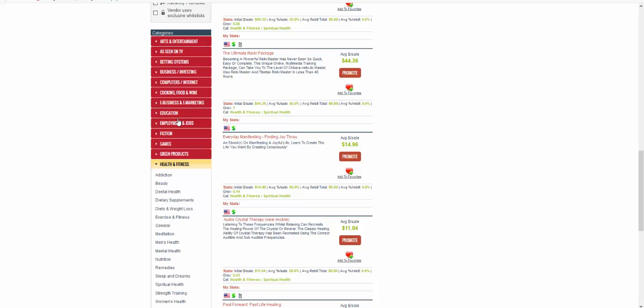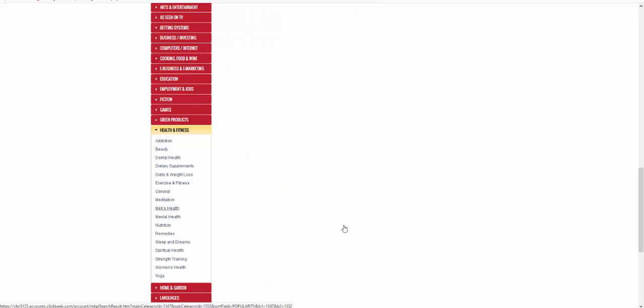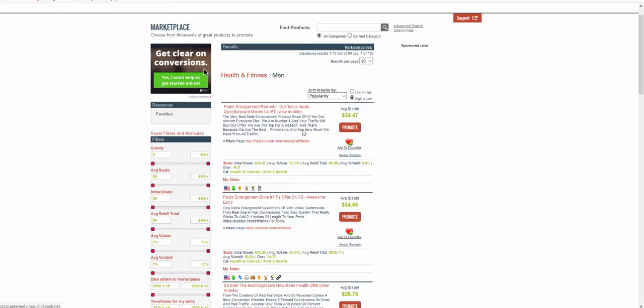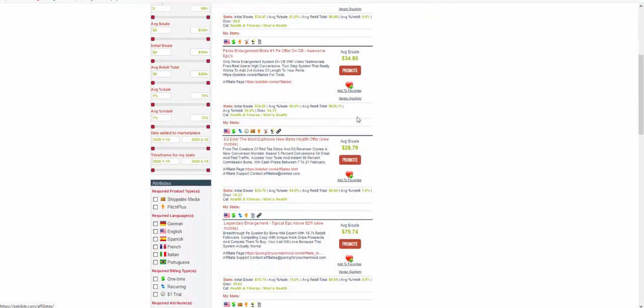If you're struggling with both of them, then look at problems. Think about solving a problem. What problem do people have? You can see here, like what we were looking at, health and fitness, men's health. You've even got all this sort of stuff, penis enlargement remedy and so on, and you can see the gravity on them.